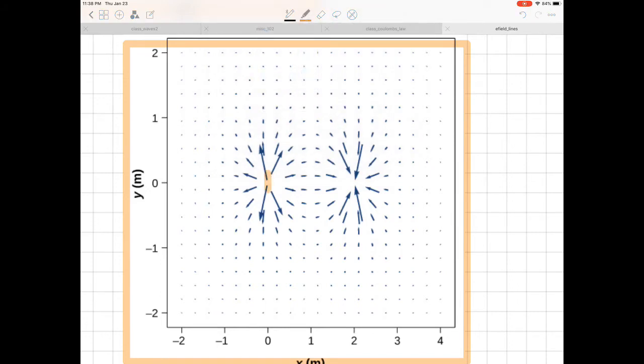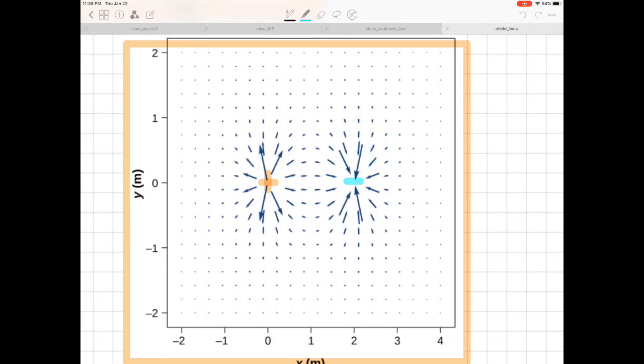Over here, there must be a positive charge because the vectors over here on the left are pointing away from that location. And then over here on the right-hand side, there must be a negative charge because the vectors over on this side are all pointing towards that charge.